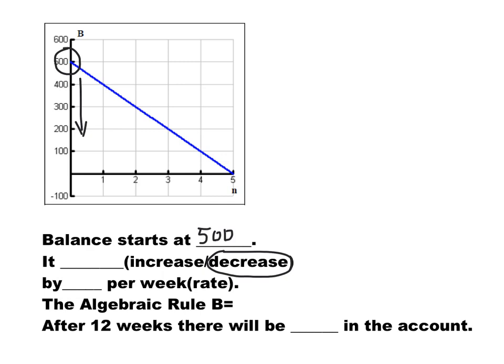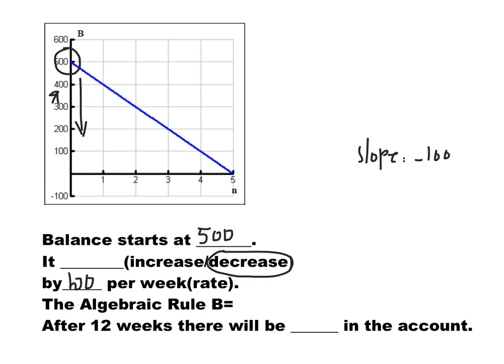By how much per week? You can see that initially it is 500, then after 1 week it goes to 400. So you can see that it decreases by $100 per week. Now it asks you to write the algebraic rule. Because our slope is $100, but it's decreasing, the sign is negative. So the slope here is negative 100.